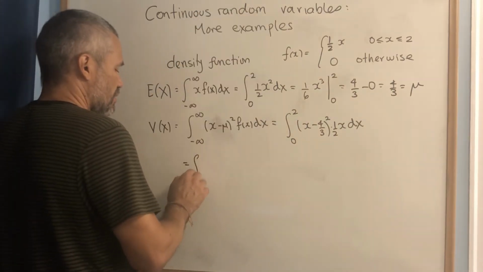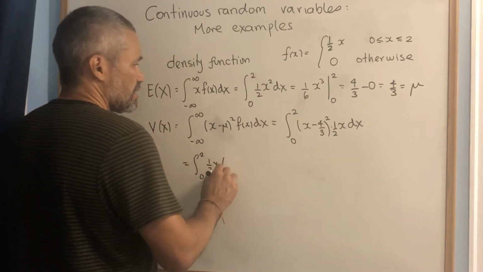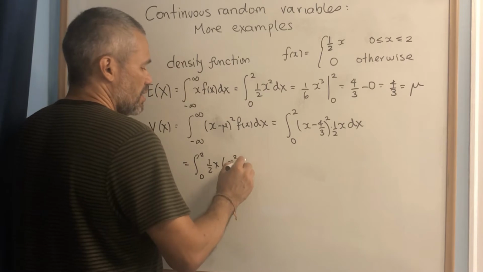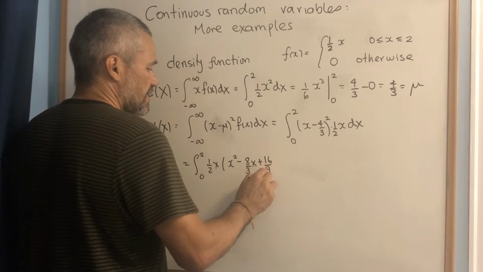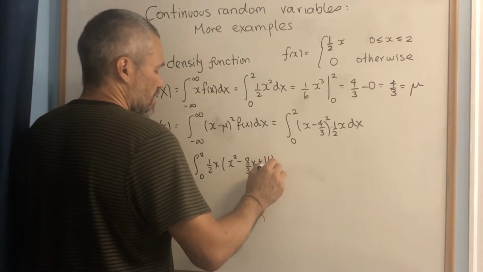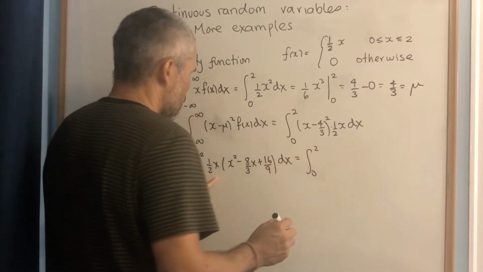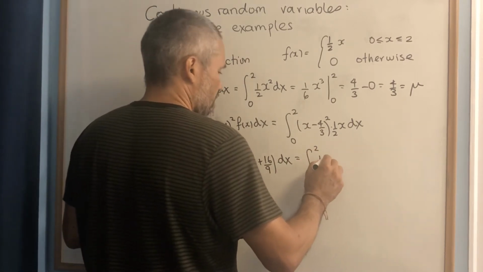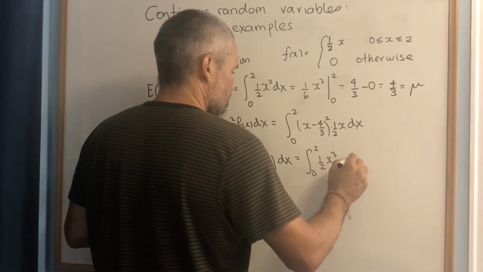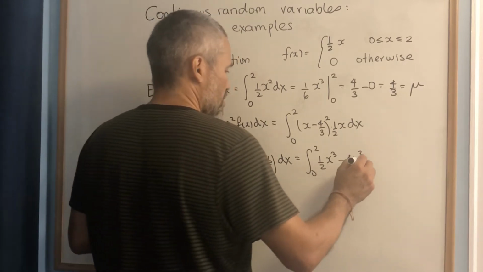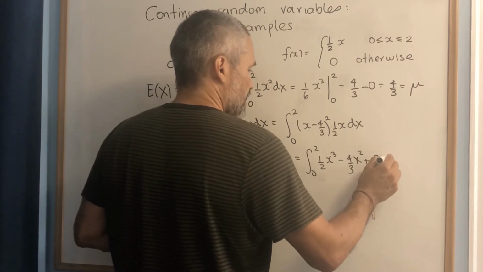This is the integral from 0 to 2 of 1/2 of x times x squared minus 8/3 of x plus 16/9 dx. And this is the integral from 0 to 2 of 1/2 x cubed minus 4/3 x squared plus 8/9 x dx.